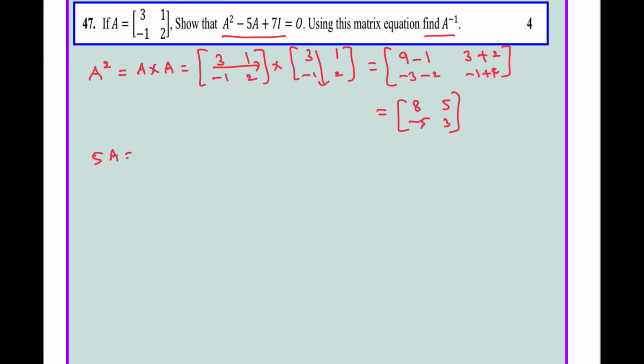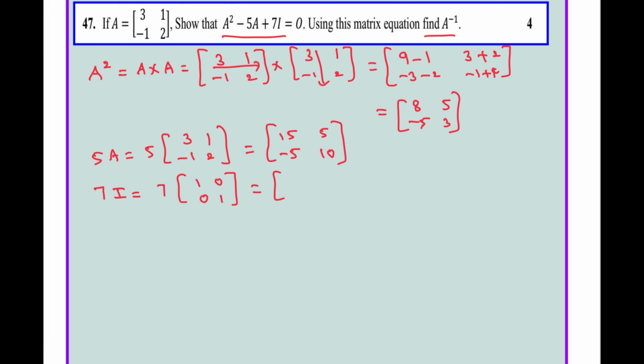Next 5A. 5A means 5 into matrix A, 5 into each and every element multiply. 5 3s are 15, 5 1s are 5, 5 into minus 1 is minus 5, 5 2s are 10. Next 7I. 7 into I, where I means unit or identity matrix, that is 1 0 0 1. 7 1s are 7, 0 0, 7 1s are 7.